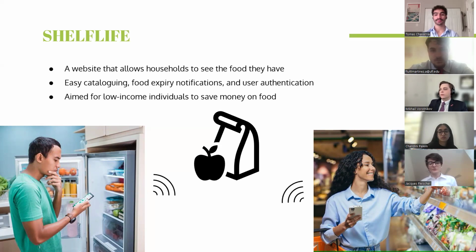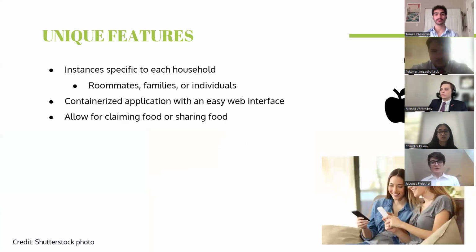Exactly, and we saw this rise as a result of our needs. We saw what was much needed, and we incorporated unique features such as instances specific to particular groups. Say, for example, you're in an apartment with some roommates and you want to delineate, oh, this food is mine, or this food is yours, or we can share this food.